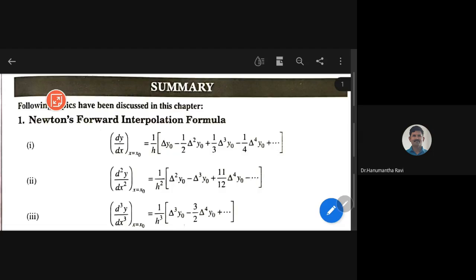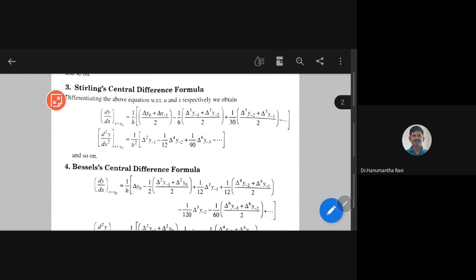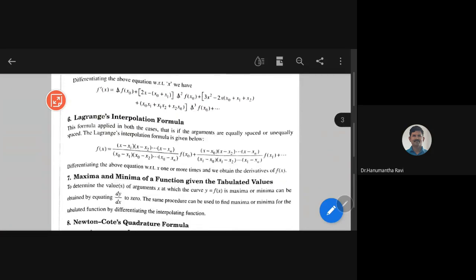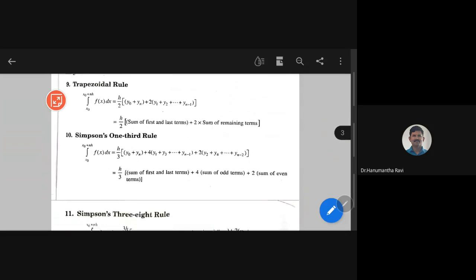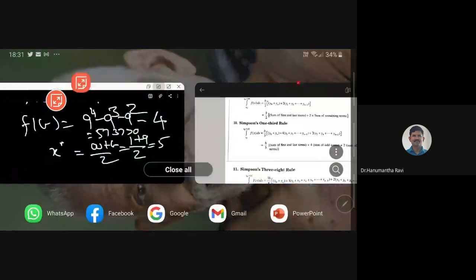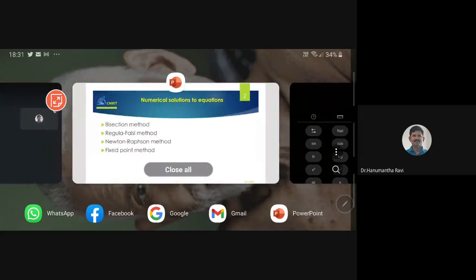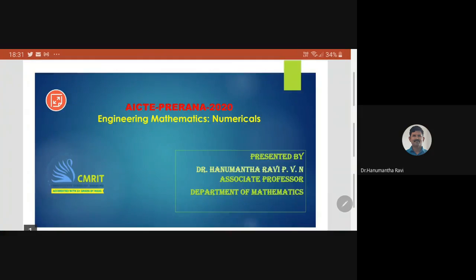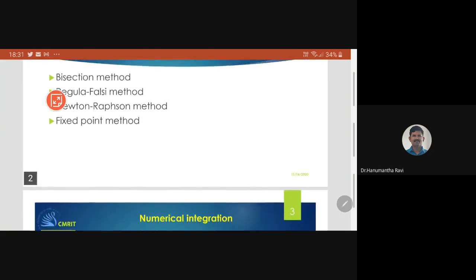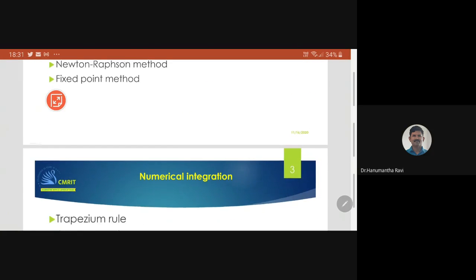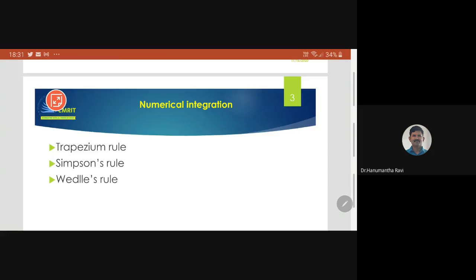When you go to the numerical integration part, I'll go straight to the trapezoidal rule. What I suggest: bisection, regula falsi, Newton-Raphson and fixed point methods were there.